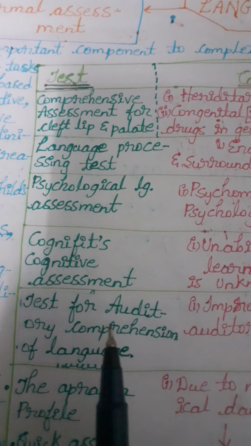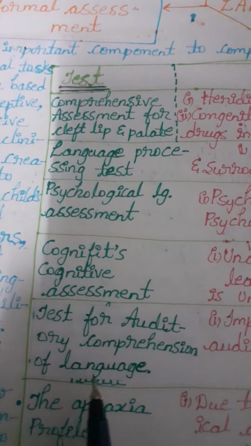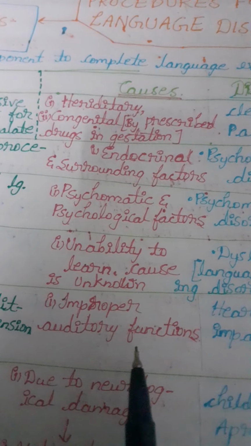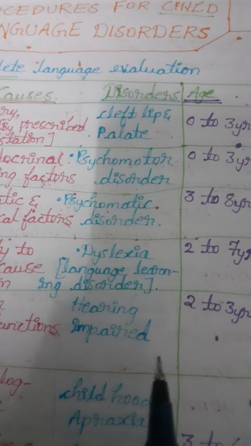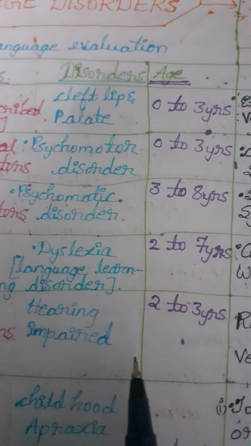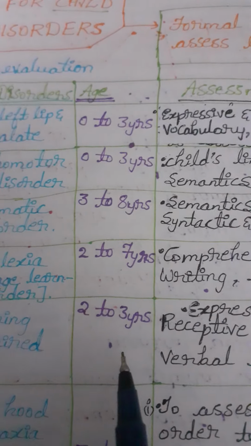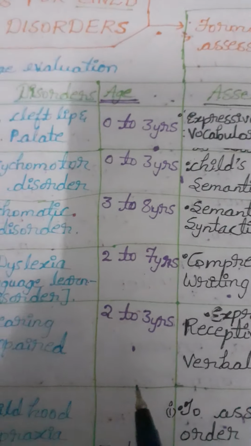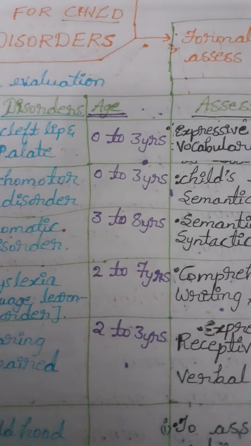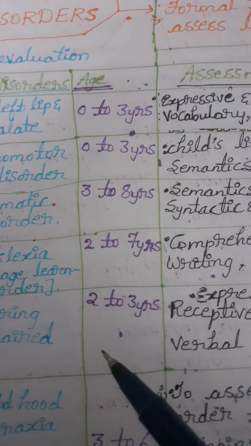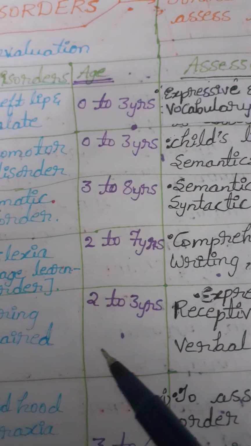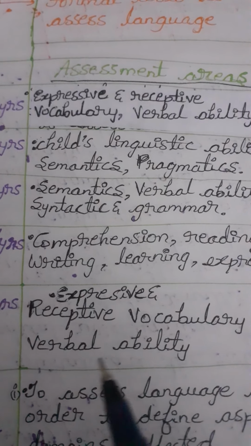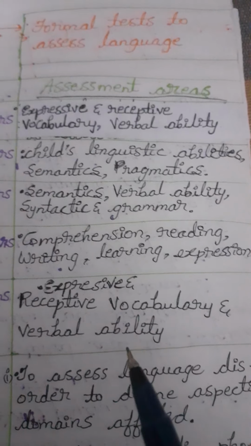Another test is test for auditory comprehension of language. Causes are improper auditory functions. Disorder is named as hearing impaired. Ages affected are 2 to 3 years. Means within these ages, all these disorders or problems can be identified. Assessment areas are expressive and receptive vocabulary and verbal ability.